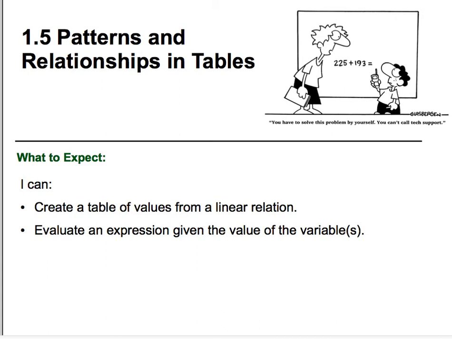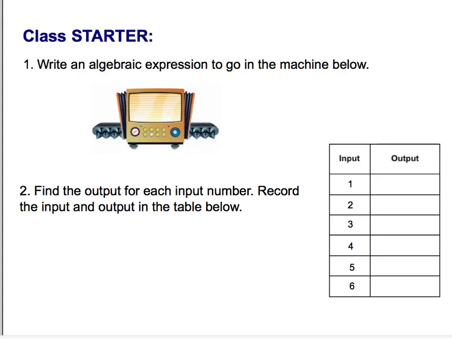So we're going to review a little bit of what we did in Lesson 3. We started the class. I had the class write an algebraic expression, and it didn't matter which one. I'm just going to start nice and easy, and say my algebraic expression is 2x. So 2 times some number.